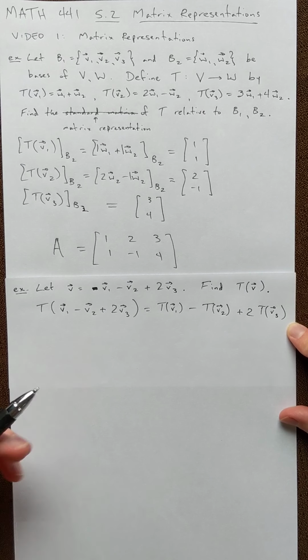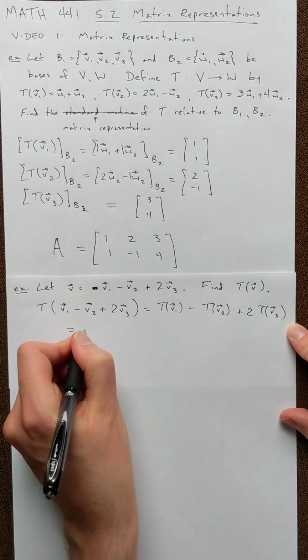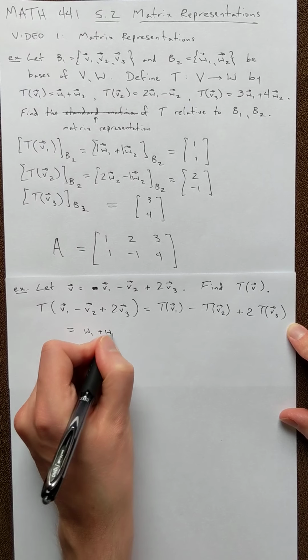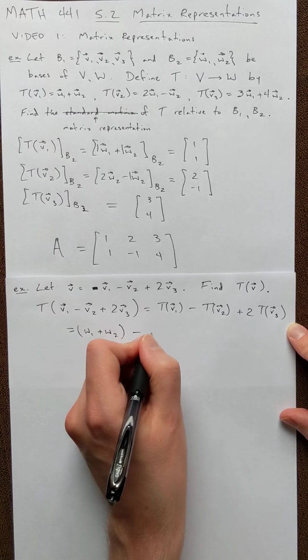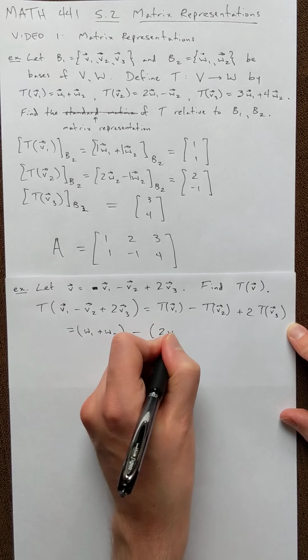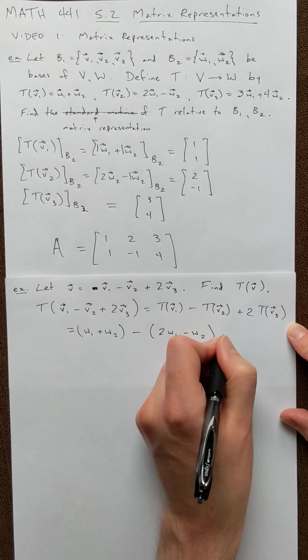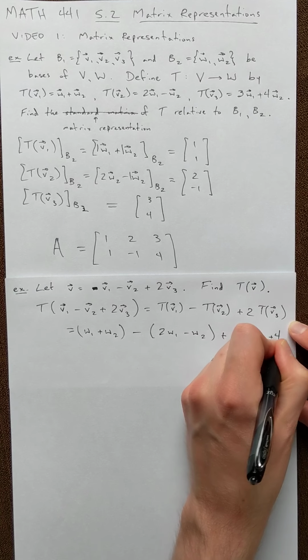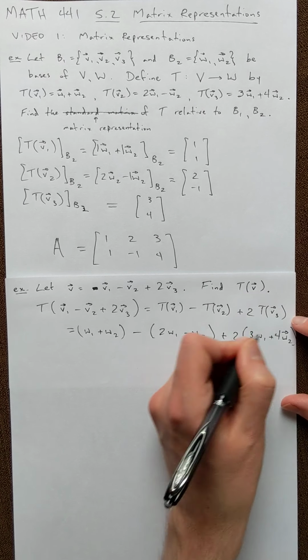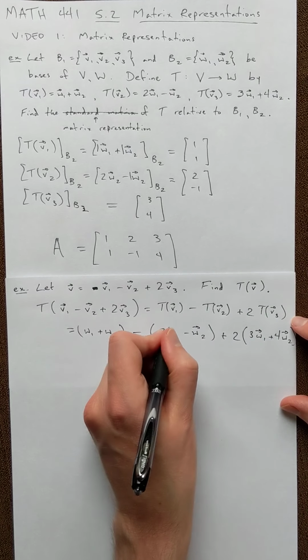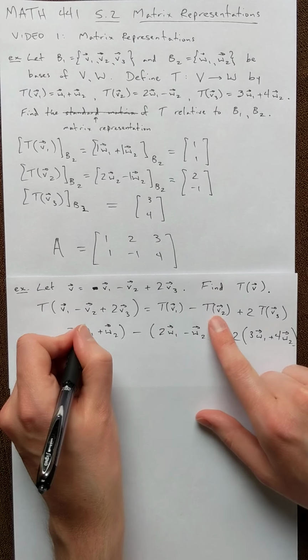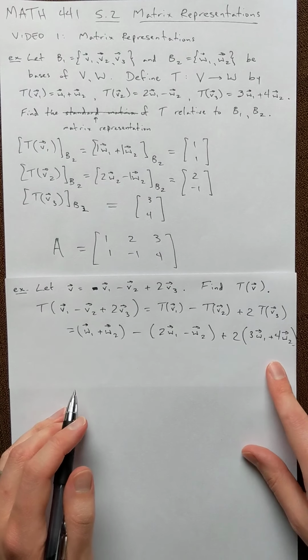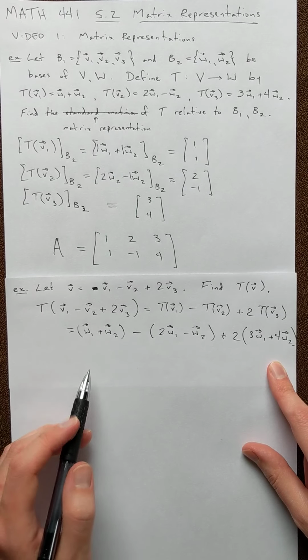These were defined in the original problem. T of V1 was W1 plus W2. T of V2 was 2W1 minus W2. And T of V3 was 3W1 plus 4W2. So using the fact that T is linear, we can split it up into T of things that we already know, and then we just plug them in and combine like terms.